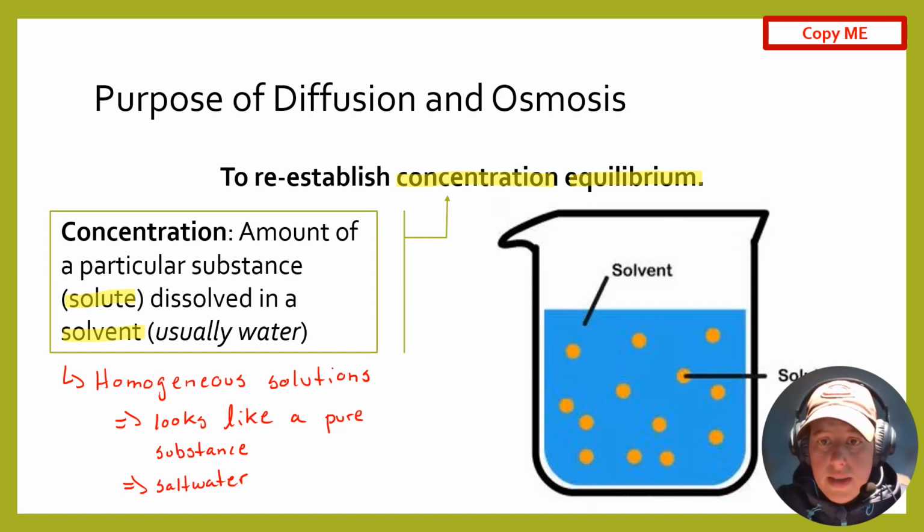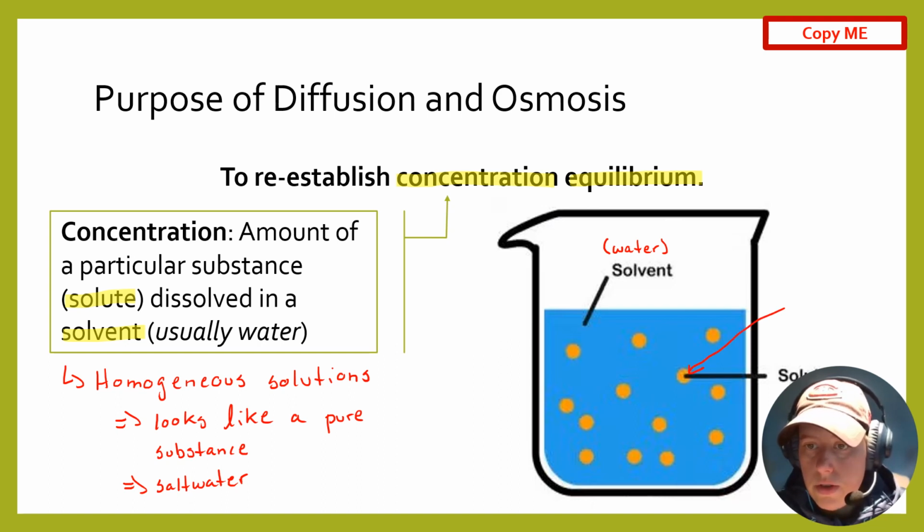We can see that we have our solvent, which in biological systems is going to mostly be water. And then we have our solute, which is represented by our little circles right here. Now, when we're talking about our solute, really it can be in any state of matter, so solid, liquid, or gas.